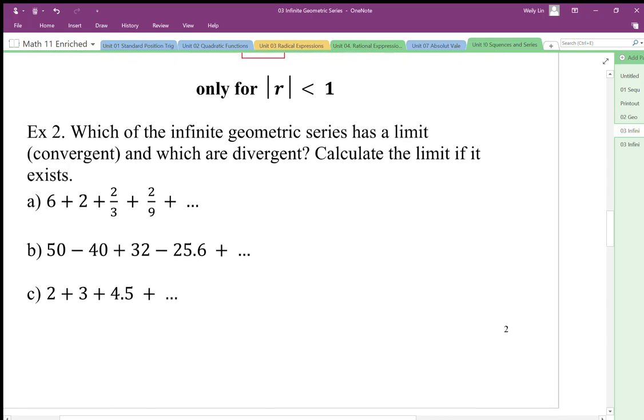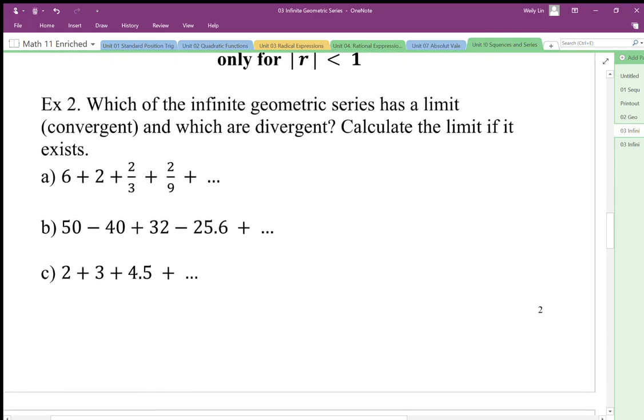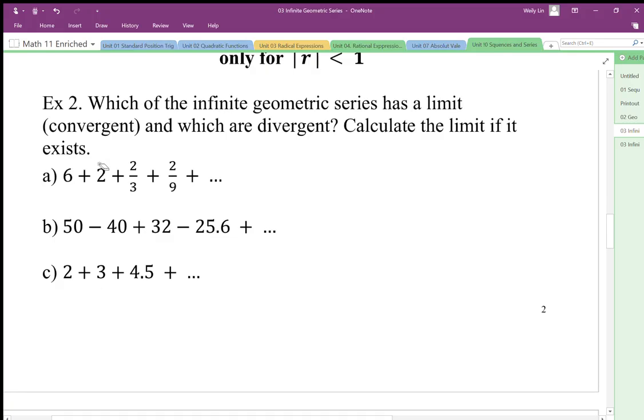So we have to be able to recognize when we're dealing with an infinite geometric series. So in this case here, this looks like we are multiplying by 1/3. So I'm going to identify my r value. r equals 1/3. That r value is less than 1, so that's good. Each term is getting smaller and smaller and smaller.